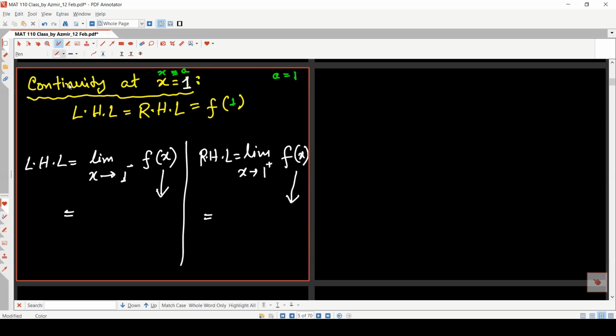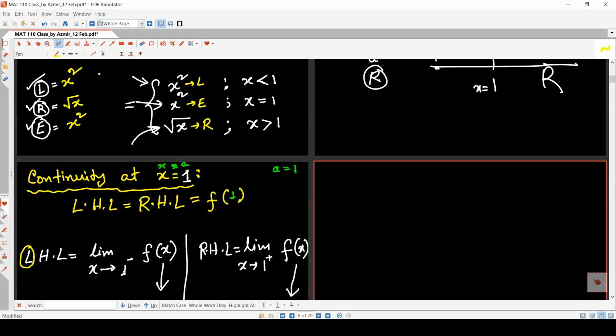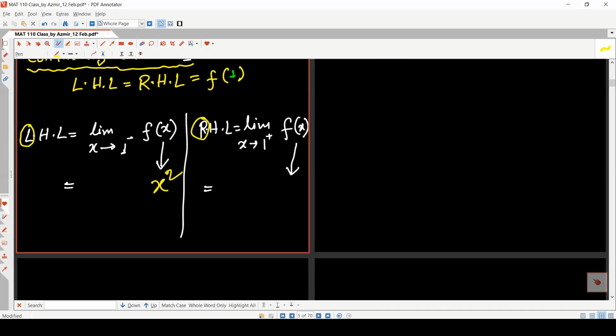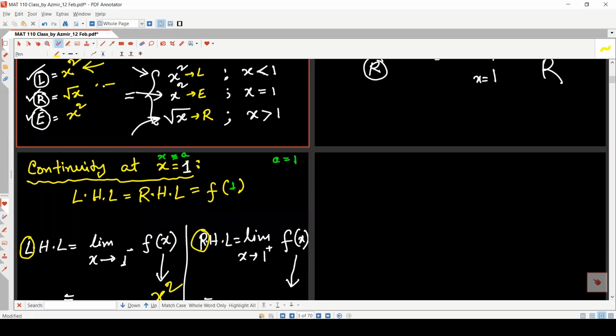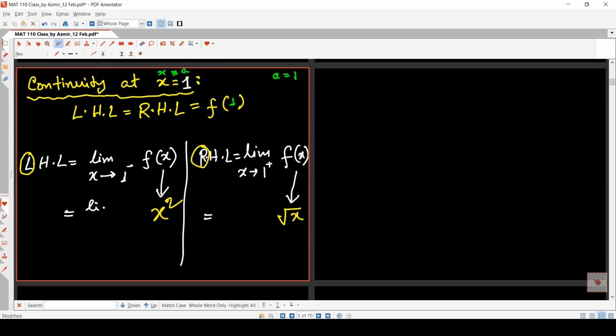So we have already identified that whenever we find the left-hand limit, the function will be x squared. Whenever we find the right-hand limit, the function will be square root of x. We can now easily solve this. Here we have the left-hand limit, here we have the right-hand limit.